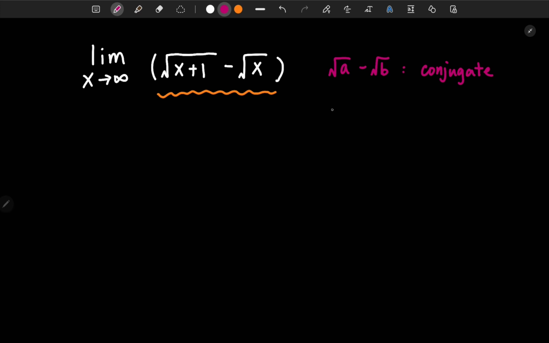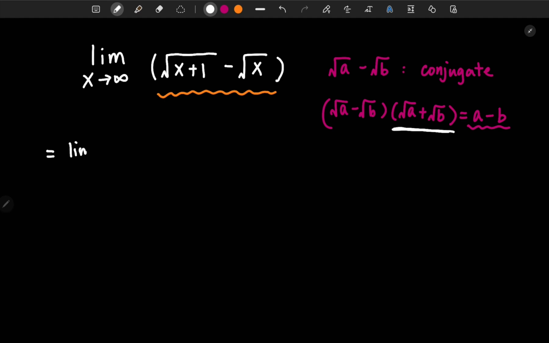Because if we multiply by its conjugate, in a way, we can eliminate the square root sign. And hopefully that can help us solve this question a bit more easily. So let's try to multiply our function by its conjugate and see what we get.